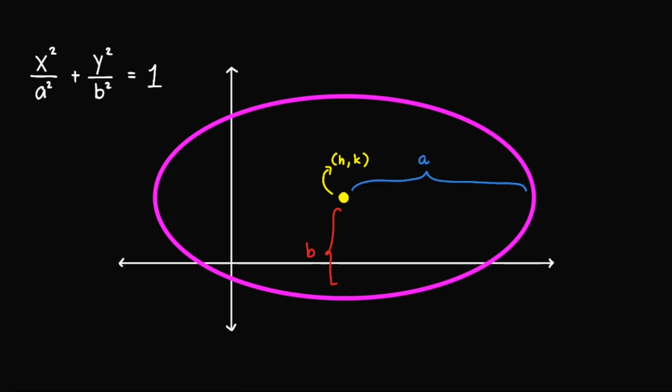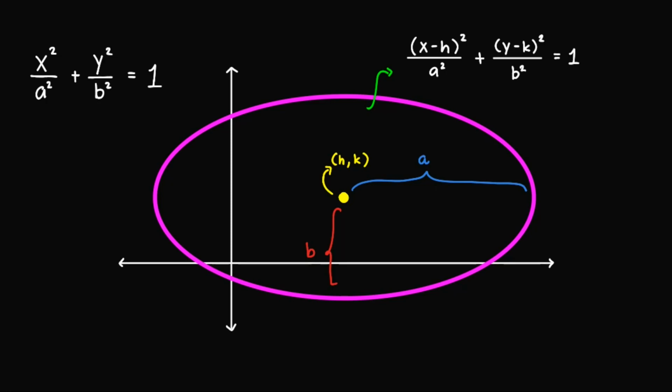The equation for this one is the quantity x minus h squared over a squared plus the quantity y minus k squared over b squared equals 1. So there's an additional minus h out here and minus k. So take note of this equation.